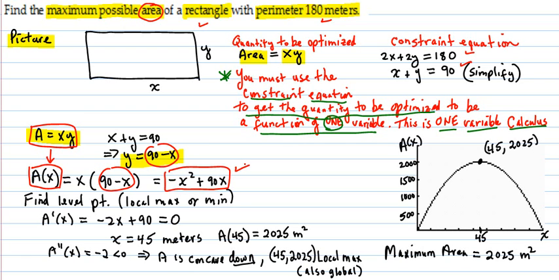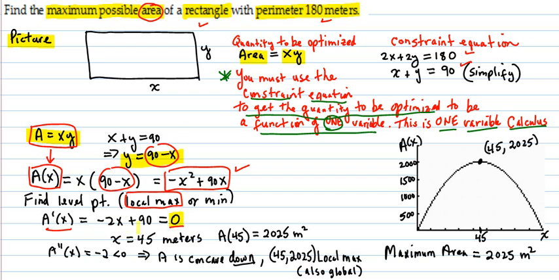So we're looking for a local max or a min of this function. This time we're looking for a max, a local max. So we set the derivative equal to 0 to find a level point, instantaneous level, where the rate of change of the function is 0 momentarily.